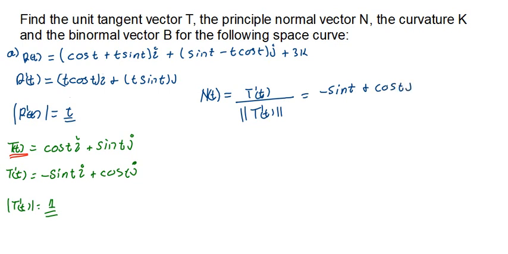Of course, this is i and this is j. So divide by what? Divide by the magnitude, which is found as 1. So meaning the principal normal vector is simply equal to minus sin t in the i plus cos t in the j.